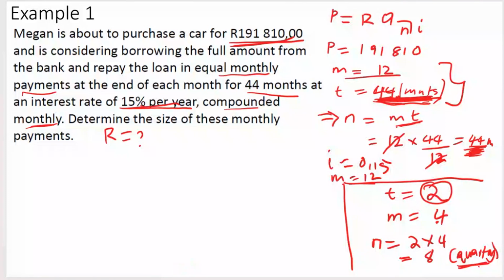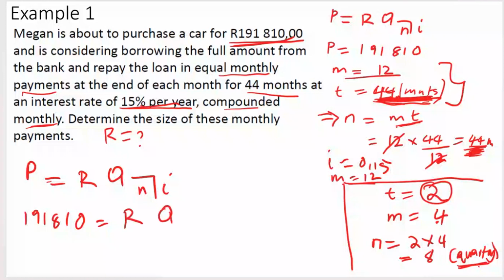Our formula is P is equal to R A N I. We are given our P, which is 191,810. We are looking for the payments, which is R. Our N is 44 months.